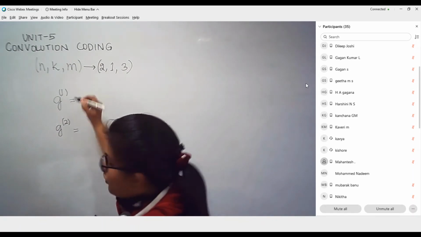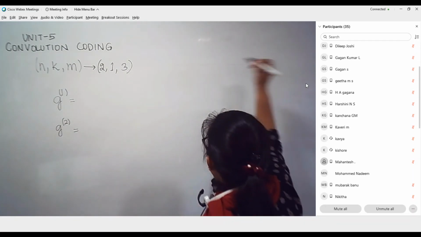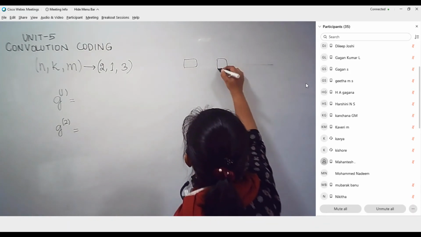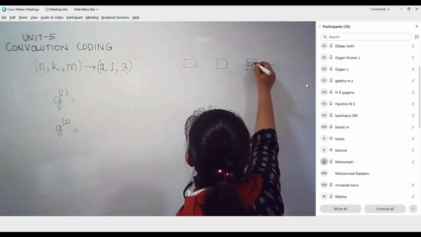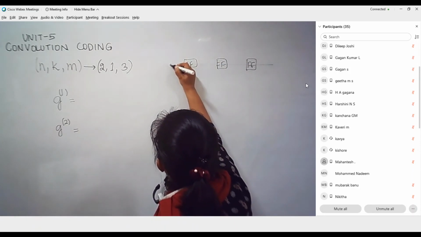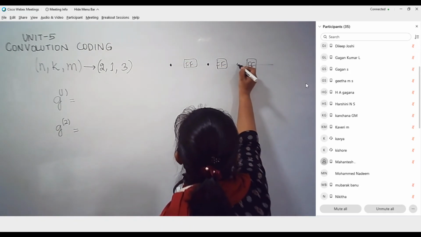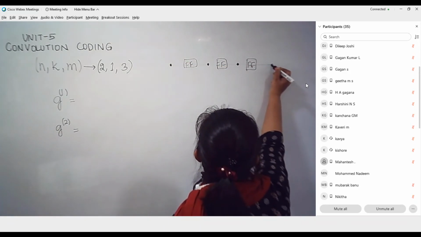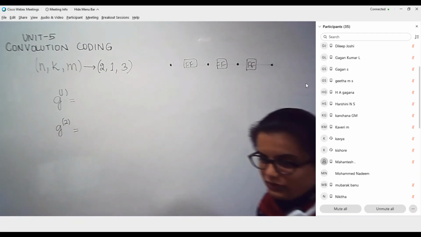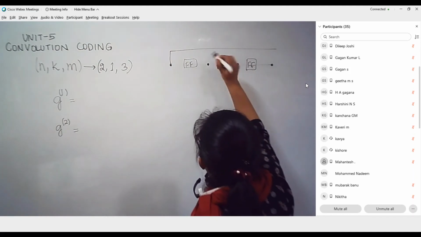In the first modulo 2 adder, there are 4 checkpoints, since there are 3 flip-flops in the shift register: the input point, the output of the first flip-flop, the output of the second flip-flop, and the output of the third flip-flop. These are the 4 checkpoints from where the data are drawn.